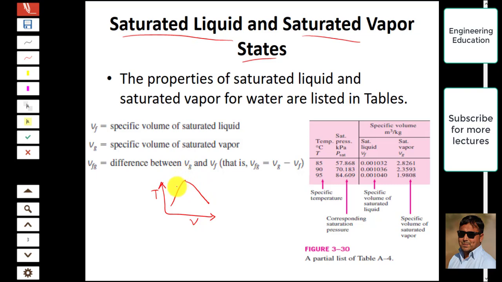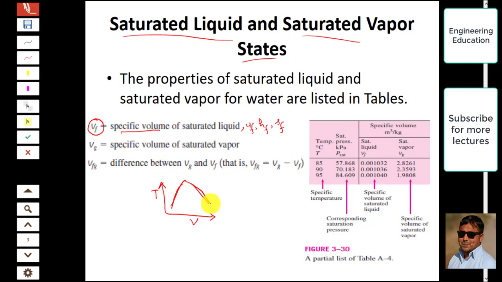The properties labeled over here are represented by f. For example, specific volume is denoted by vf. Other properties like specific internal energy will be uf. Similarly, specific enthalpy is hf and specific entropy is sf on this saturated liquid line.